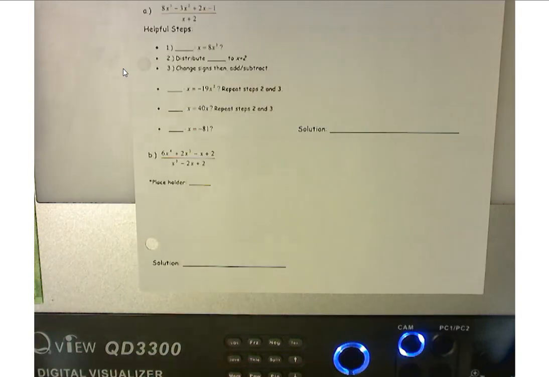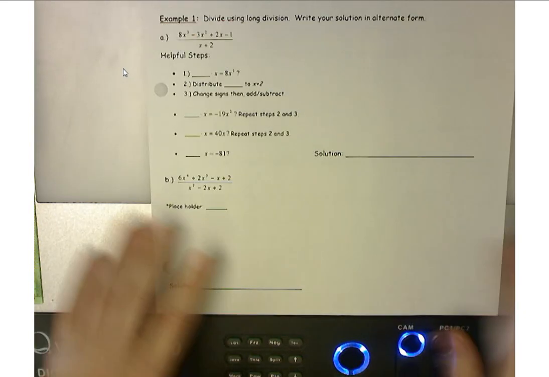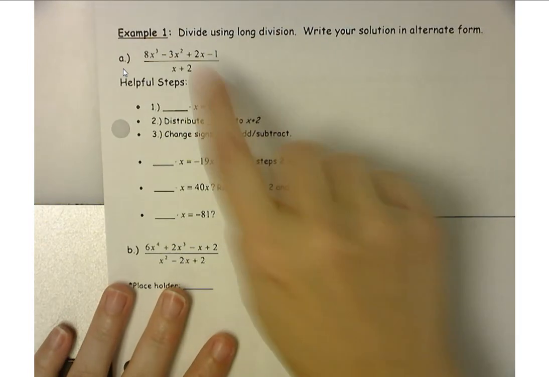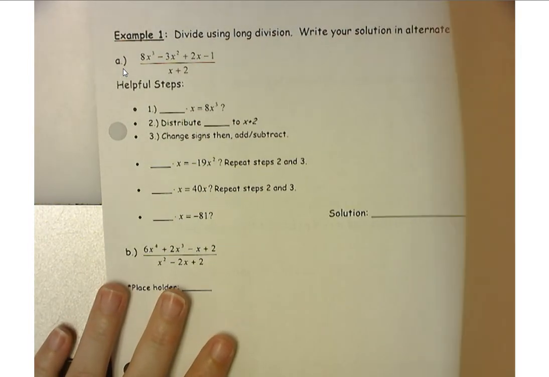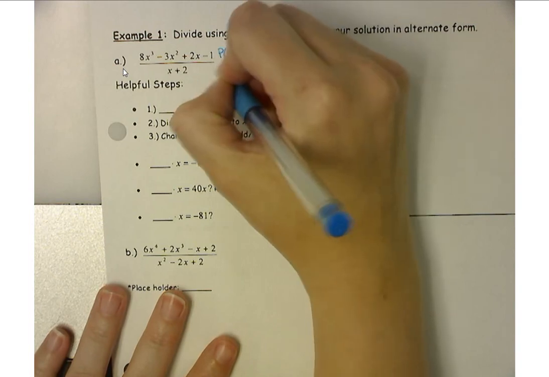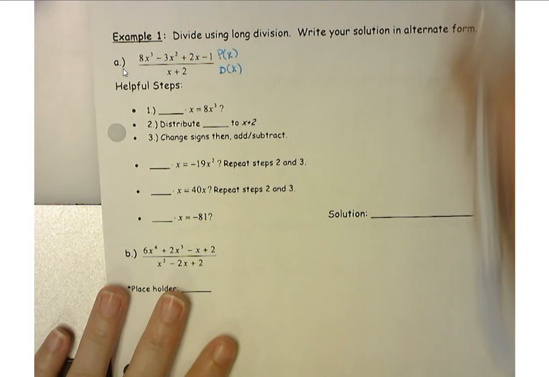All right, now, if some of you have forgotten how to do long division, I tried to write some helpful steps on the side. And just to reiterate what they're talking about in your textbook, this is your P of x, this is your D of x. Okay, so your polynomial and your divisor.